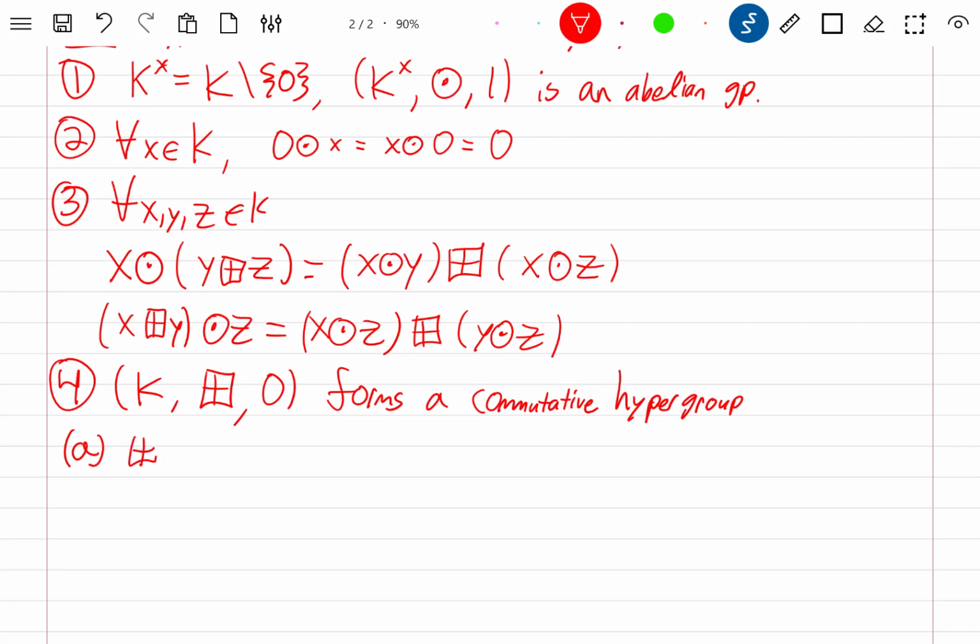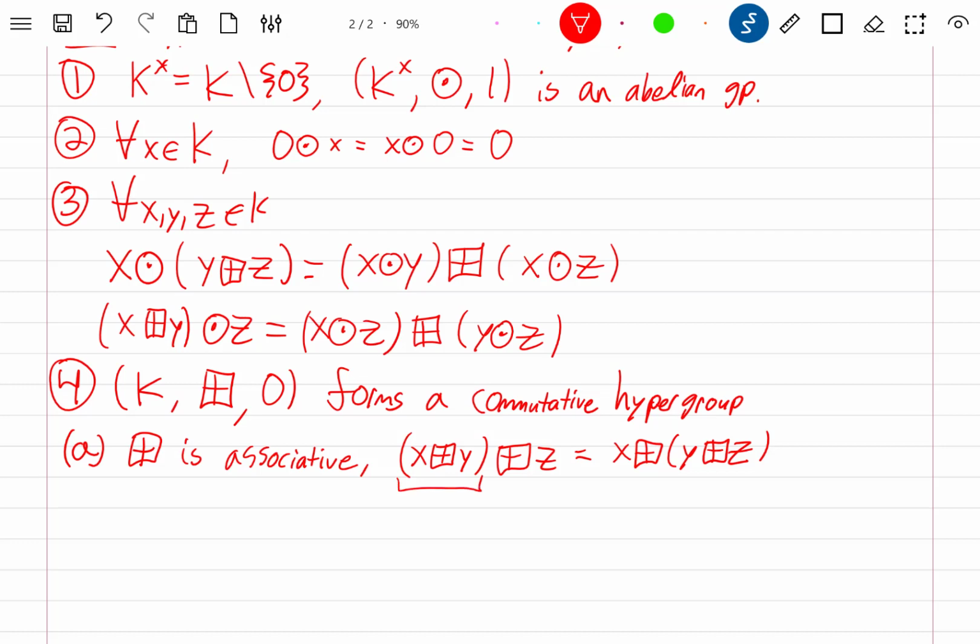We need that plus is associative. That is, (x plus y) plus z is equal to x plus (y plus z). And again, this here is a set and this is an element, so I have to make sense of what it means for a set to be added to an element.